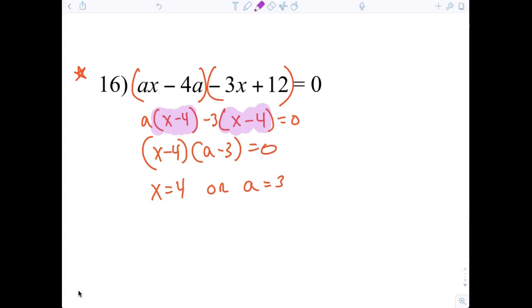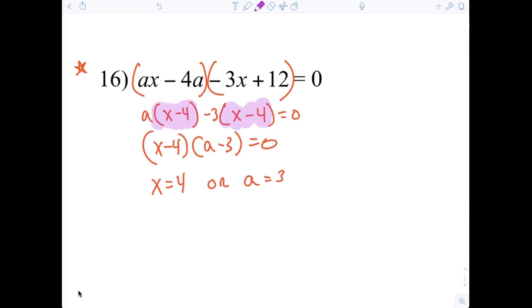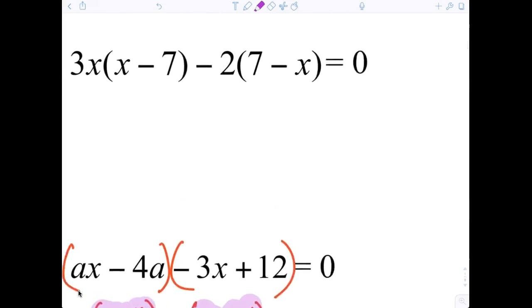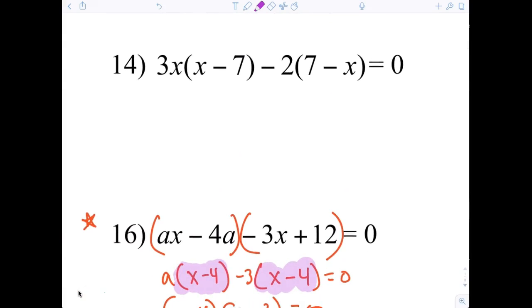All right, now here we go. 14 is just a good review problem. It's just like the last problem, except we have to factor out the what? Negative. You have to factor out a negative. When you factor out the negative this time, it should be pretty simple for you to do.